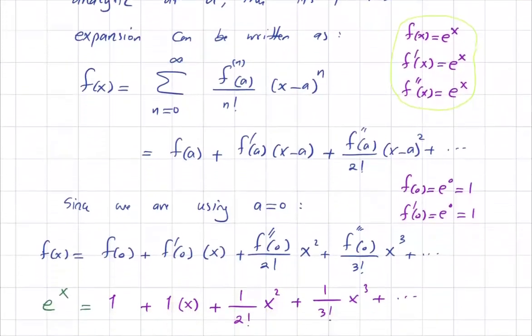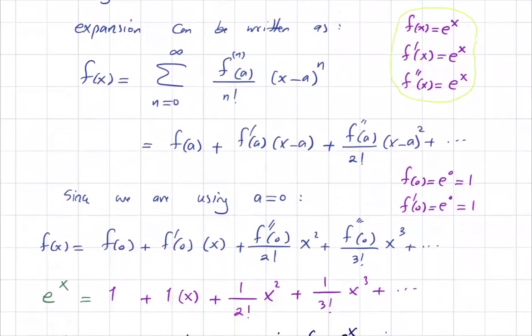Since we are using the Maclaurin series, f of x is f of 0 plus f prime of 0 times x plus the second derivative of f at 0 divided by 2 factorial x squared plus the third derivative of the function at 0 divided by 3 factorial times x to the third plus the rest of the terms.